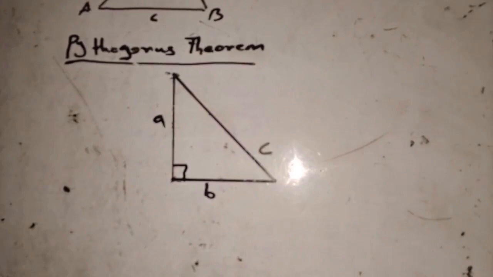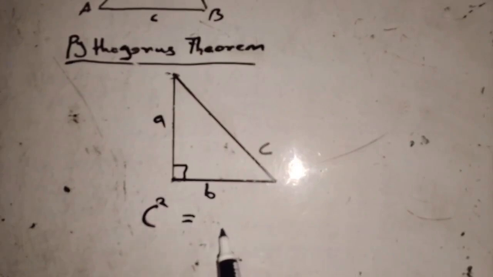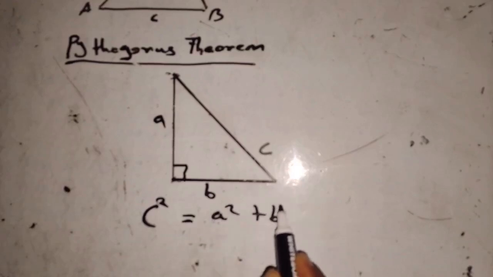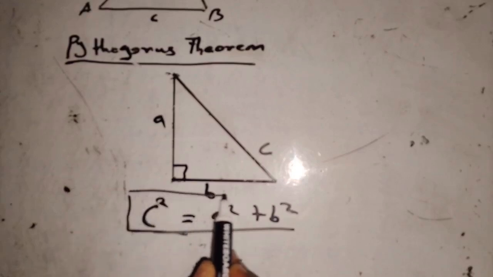So we have c squared equals a squared plus b squared. This is the Pythagoras theorem. You need to master this. It's very important in both mathematics and additional mathematics. This is the formula for the Pythagorean theorem.